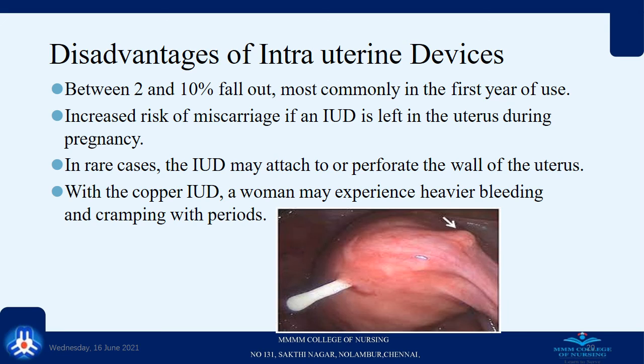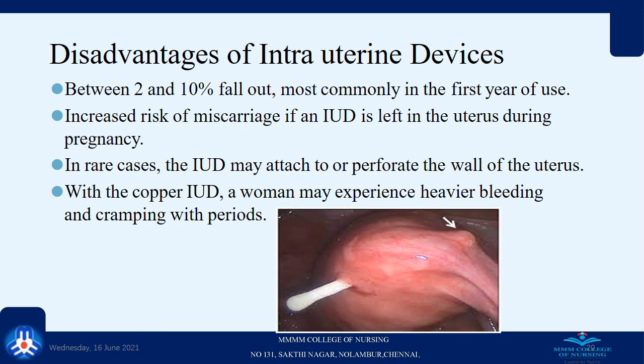So let's see the disadvantages of intrauterine devices. Between 2 and 10% fall out, most commonly in the first year of use. It may come out without the mother's knowledge also. There is an increased risk of miscarriage if an IUD is left in the uterus during pregnancy.